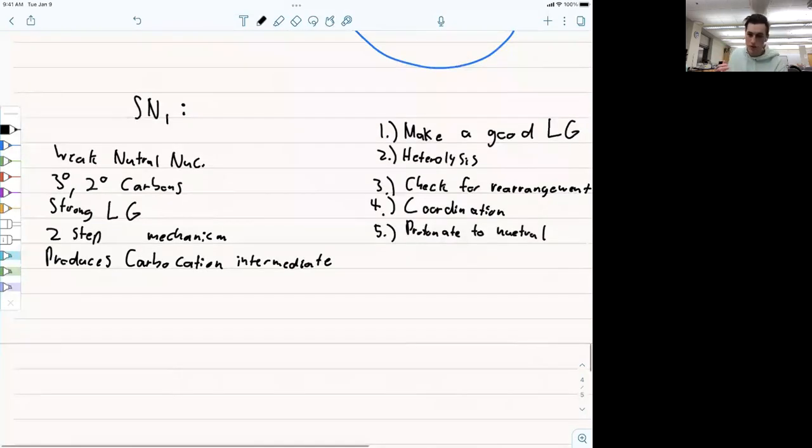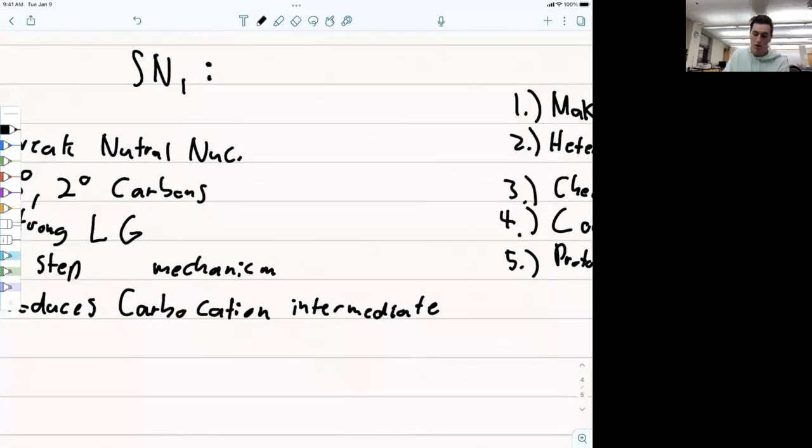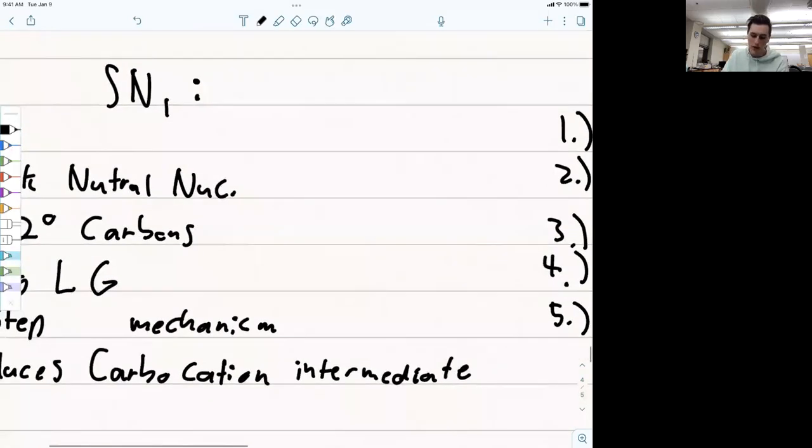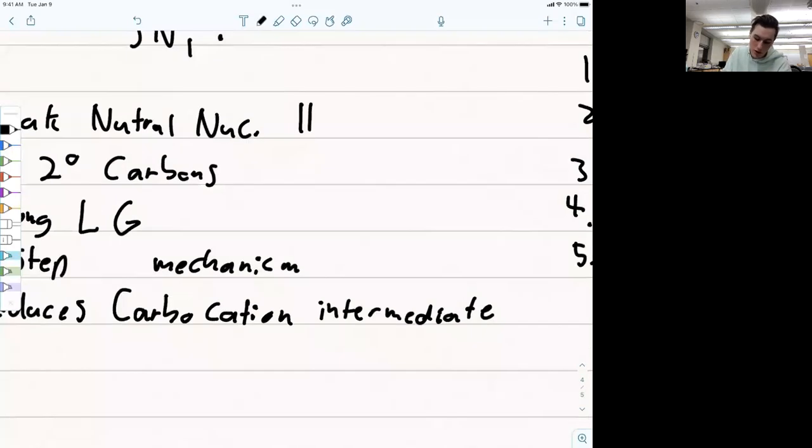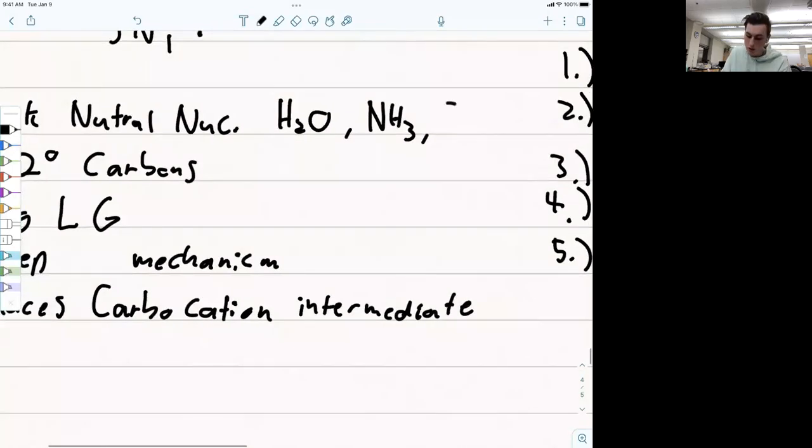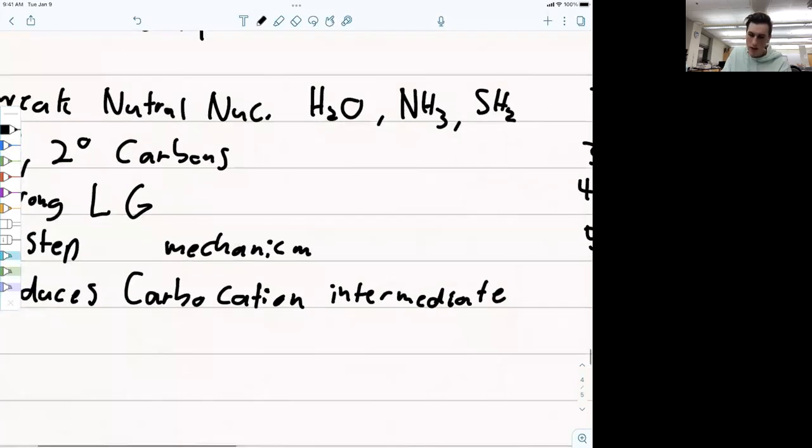So some common nucleophiles that you'll see in SN1 are the conjugate acids of our nucleophiles for the other mechanism. We want a weak neutral nucleophile. So a good one is H2O, NH3, SH2, and then anything with alcohol attached, so CH3OH, CH3CH2OH, anything like that.